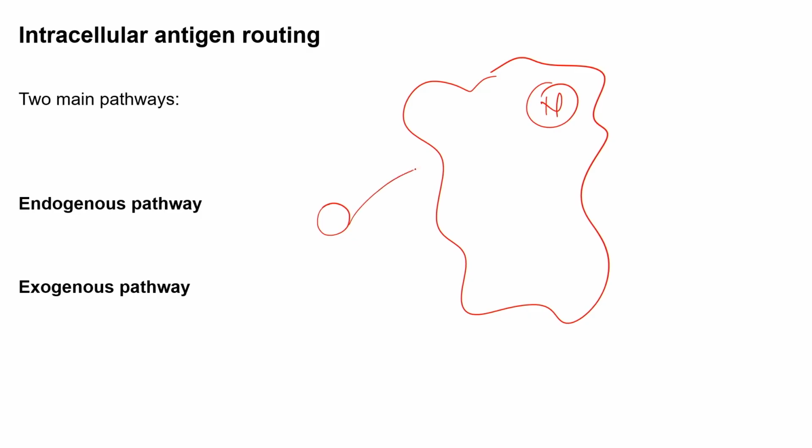When they are engulfed by the cell through the process of phagocytosis, these are called exogenous antigens. And if the antigens are processed and manufactured inside the cell, we call it endogenous antigen. So, there are two classical ways antigens are defined. Either they come from outside, exogenous, or they are produced inside, called endogenous.